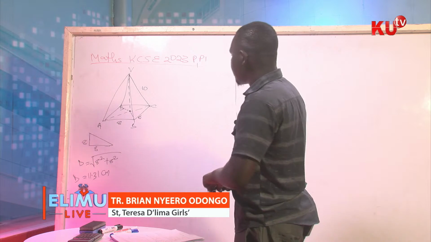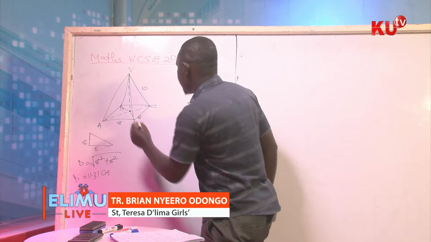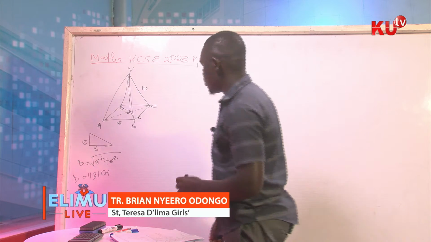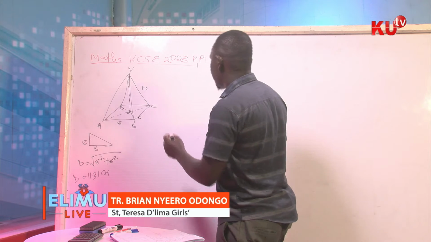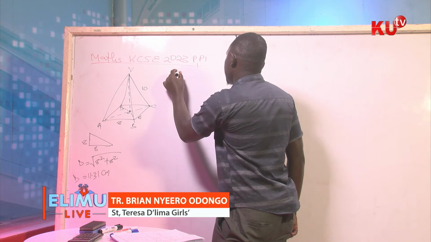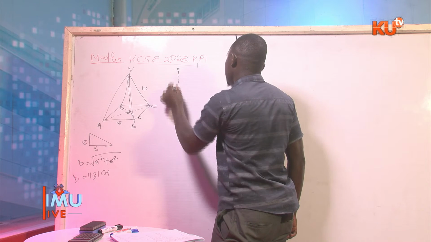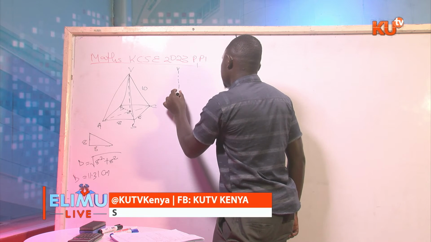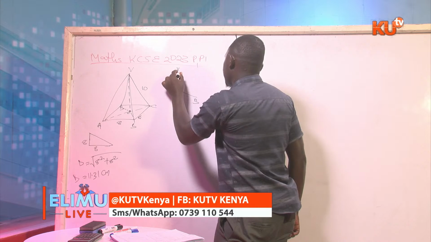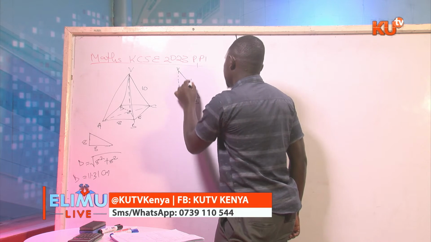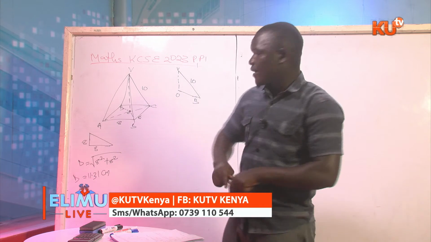Now, after you've gotten that, I call this one here the center, O. This dotted line from V to O, I extend it to B. And VB is 10. I want you to be very keen.